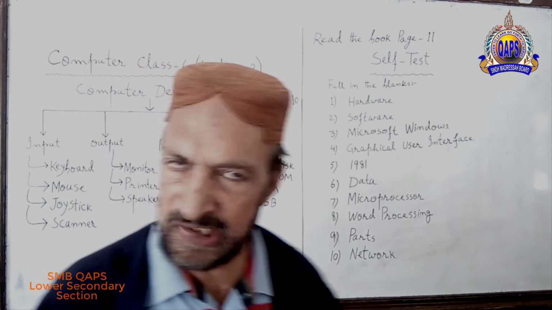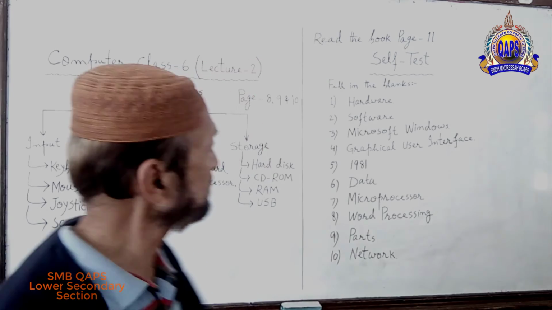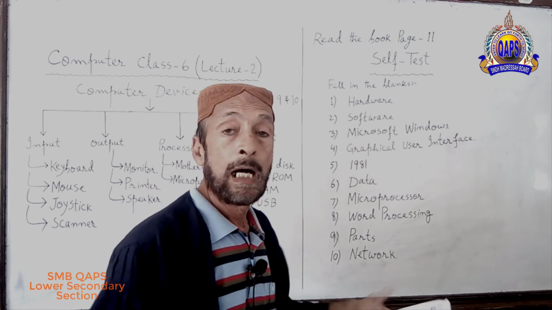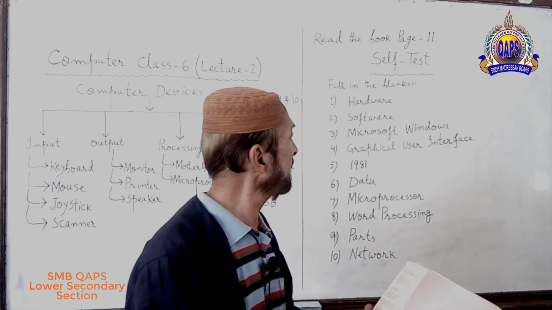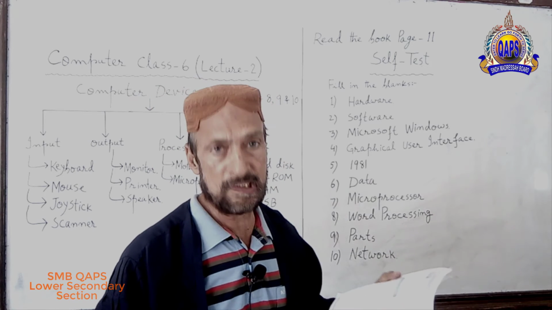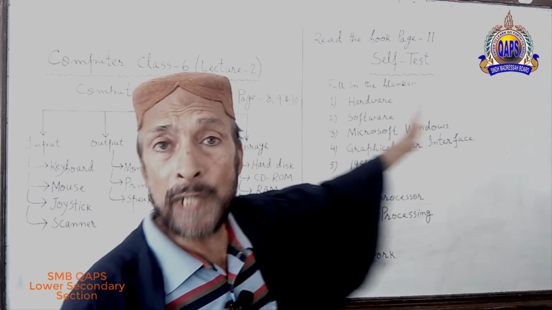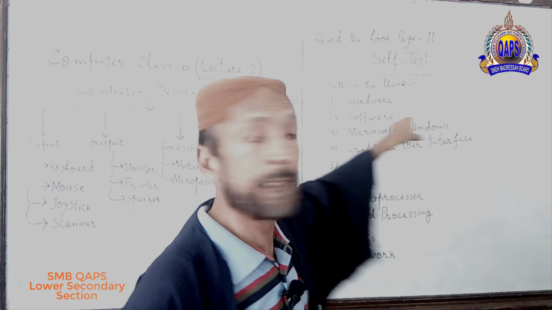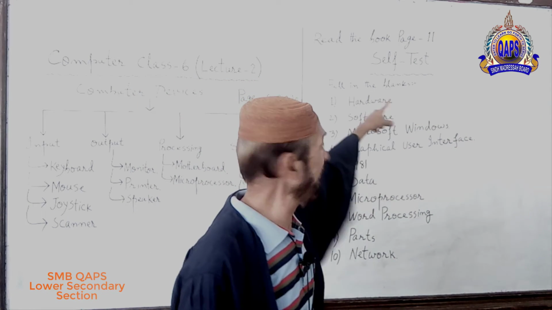Now this is the time of exercise. Page 11. I have your book in my hands. Page number 11, self-test. I am not writing the whole line over here. You can understand. Fill in the blanks.